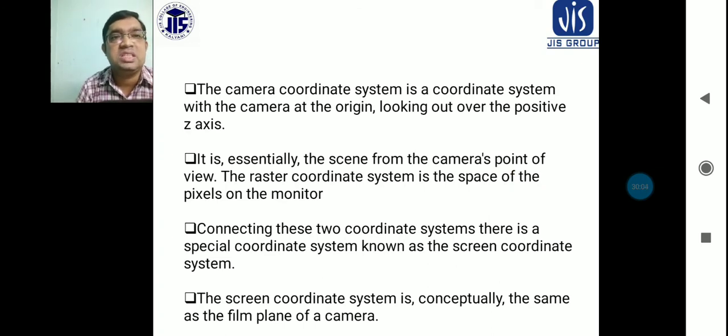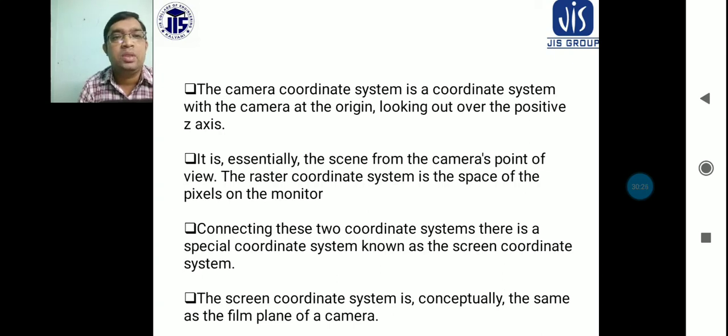The camera coordinate system is a coordinate system with the camera at the origin looking out over the positive z-axis. It is essentially the scene from the camera's point of view. The raster coordinate system is the space of the pixels on the monitor.